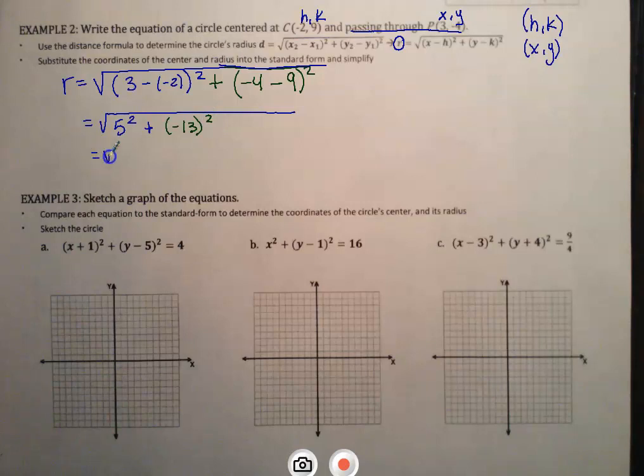All right, so this equals the square root of 25 plus 169, which, if we add those together, is the square root of 194. So our radius equals the square root of 194. All right, and I'm fine with that. We don't have to simplify it any further at this point. It is okay.